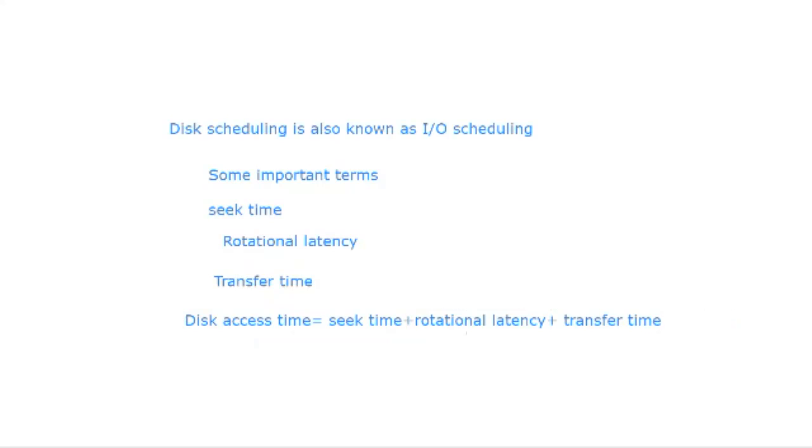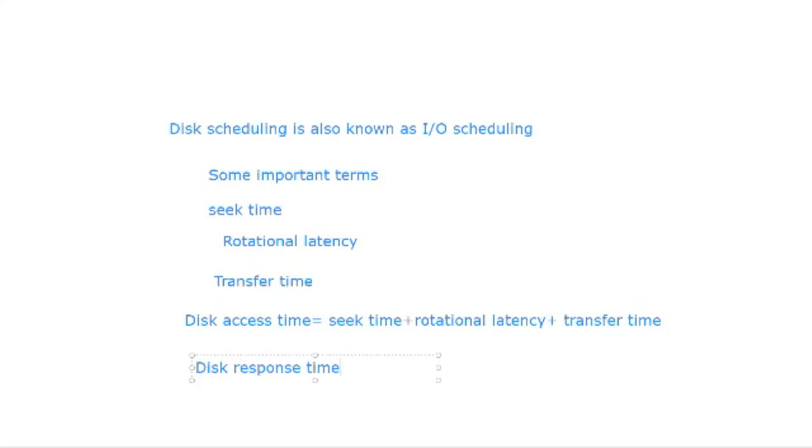And after disk access time, the next term is disk response time.